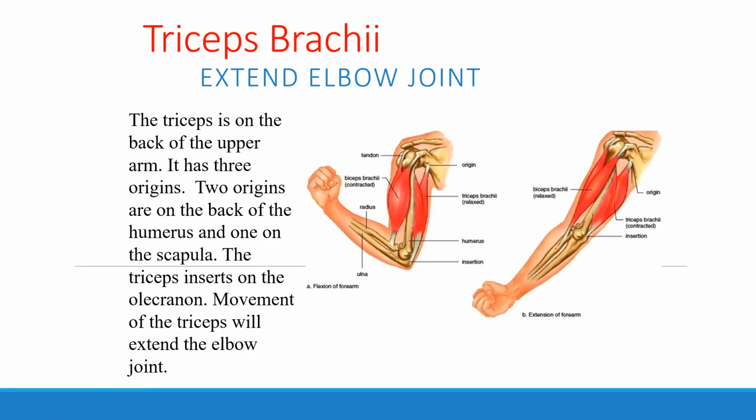When the triceps contracts and extends your arm, as we see here in this second picture, the biceps muscle is relaxed. In any antagonistic pair, one set of muscles is relaxed and the other is contracted. Again, that's how muscles work. They contract and they relax. That's all they can do.